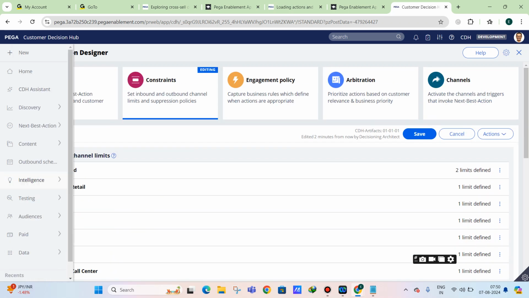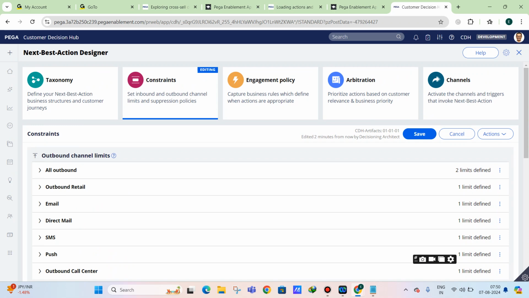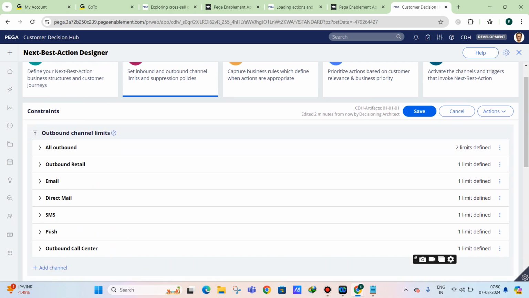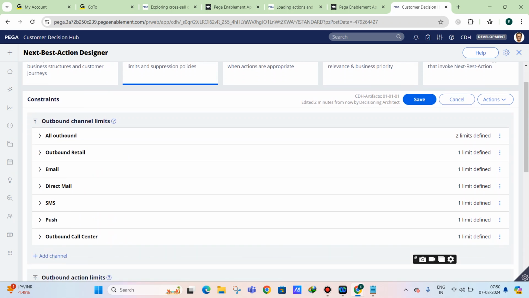So this is the contact policy which is not specific to any issue or any group, but for all the issues, for all the groups, this is how it is going to be applicable. This is mainly used to restrict the number of times we are contacting the customer, so that the customer will not feel like it's spam, right?